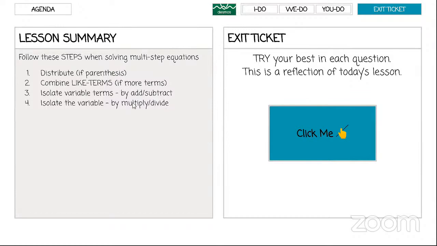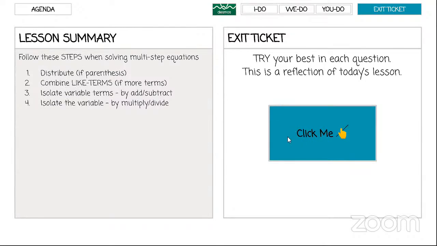Okay, so these are the steps. My recommendation, if you're an online student or any student, until you understand these steps perfectly, write them down on a piece of paper, like a poster that you can post in your house, so you can see these steps all the time. That will help you remember what to do when you do multi-step equations.